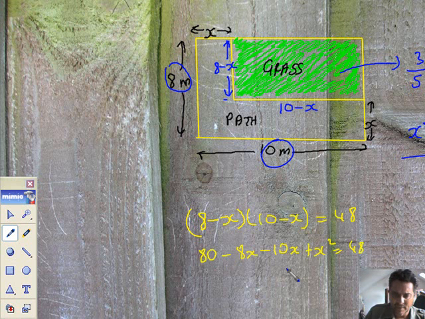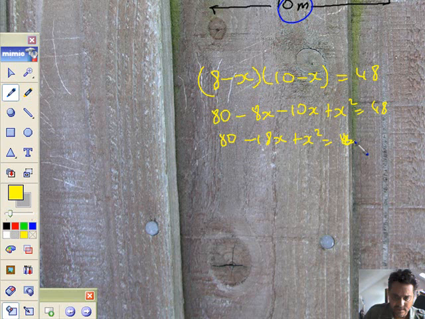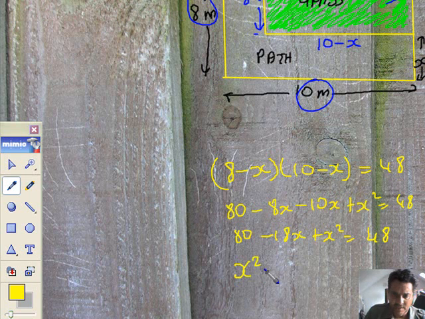Just tidy it up a little bit. 80 minus 18x plus x squared equals 48. Tidy this up a little bit more. Get the x squared there first. x squared minus 18x plus 80 at the end.